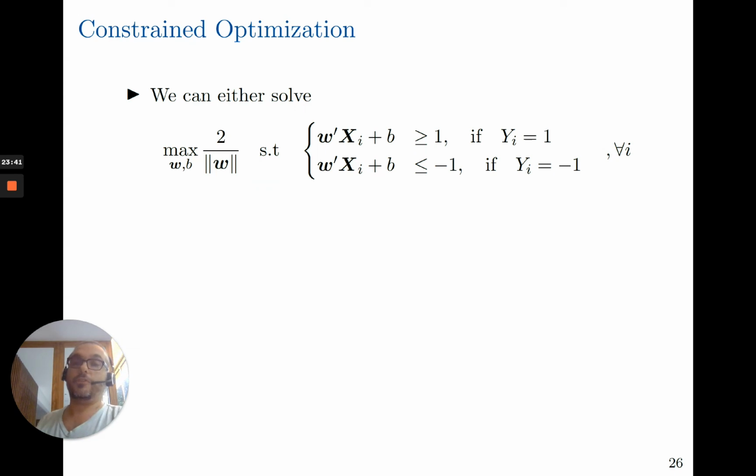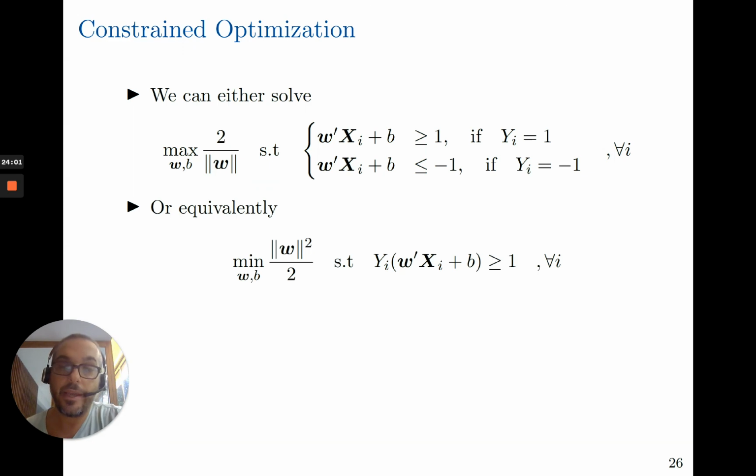It's an optimization problem with restrictions, right? We can solve this optimization problem where we are maximizing the margin subject to the correct classification constraints.